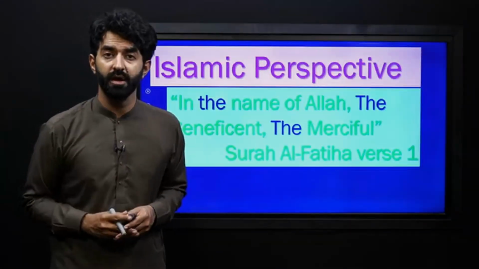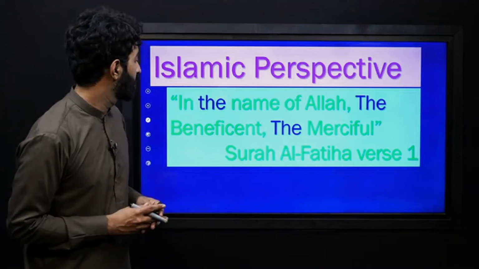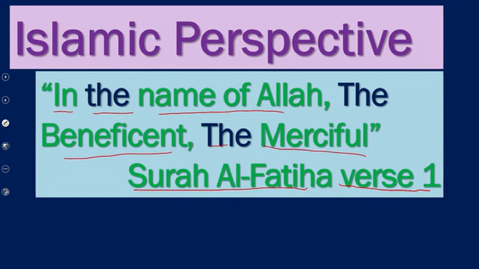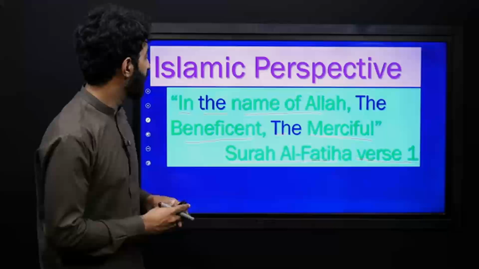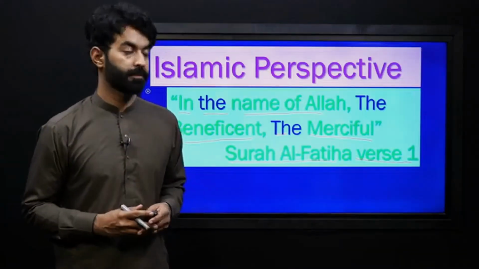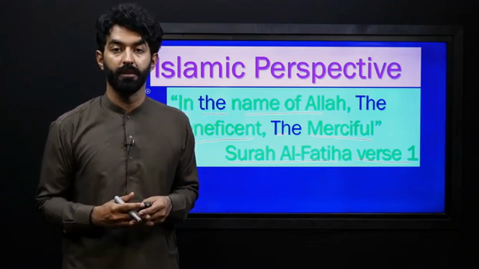Now let's begin our lecture with one of the most beautiful verses. So we have Surah Al-Fatiha, verse number 1. It says, in the name of Allah, the Beneficent, the Merciful. This is Bismillahirrahmanirrahim, its translation, and we can see that we have highlighted the word the. Why? Because the is an article.